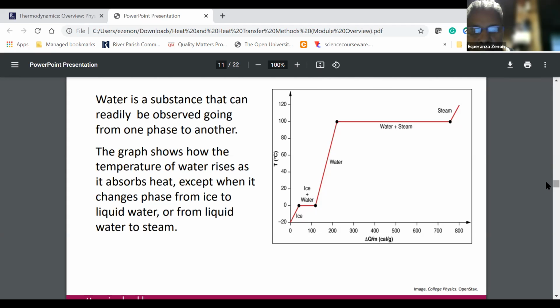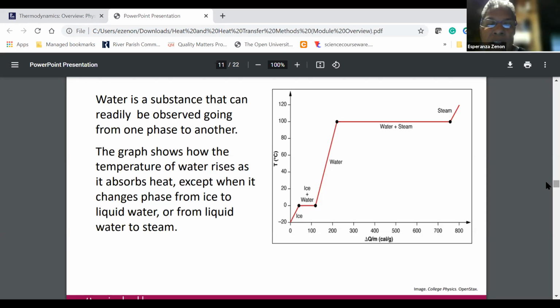So while you're changing the temperature, you cannot change the phase. So that means you have to go to the first formula, Q equals MC delta T, because there's a temperature difference happening. What happens when you get to 0 degrees Celsius?